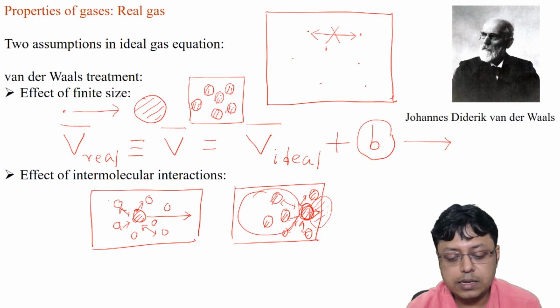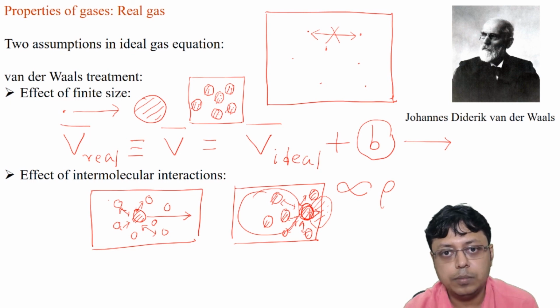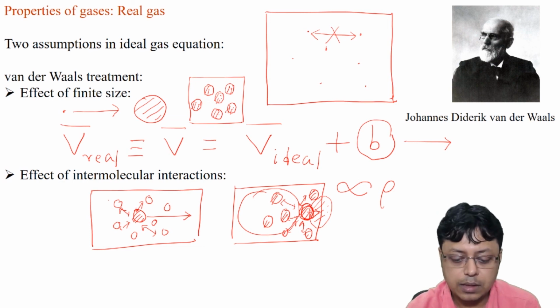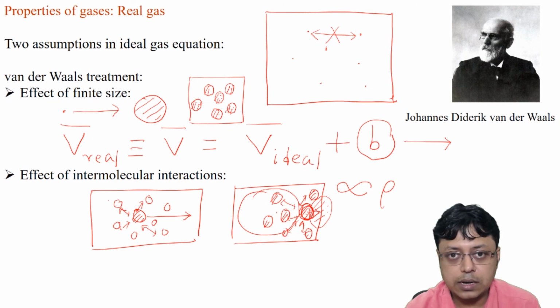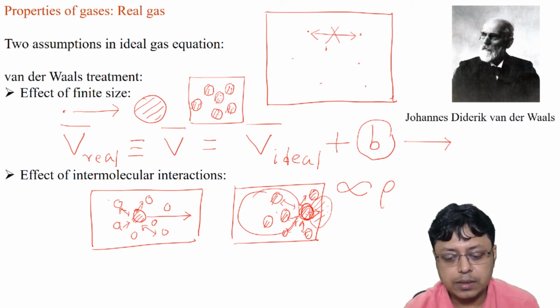This number is of course proportional to the density of the molecules, or how many moles of molecules are present per unit volume. Secondly, these molecules are also attracted by the molecules which are present in bulk.